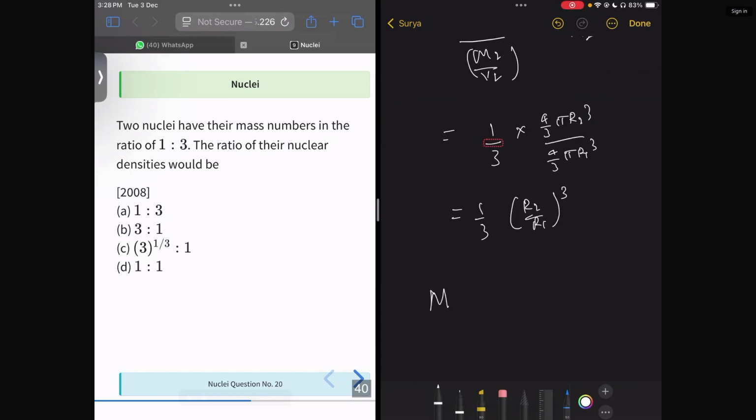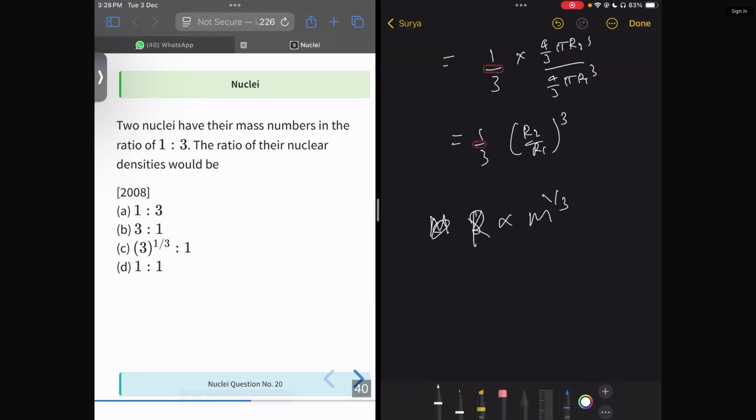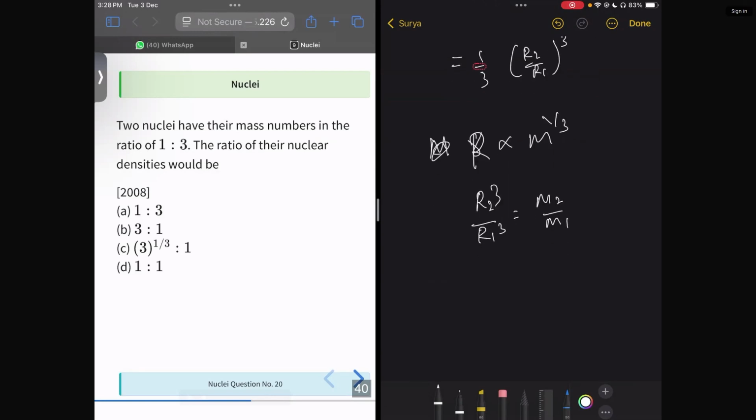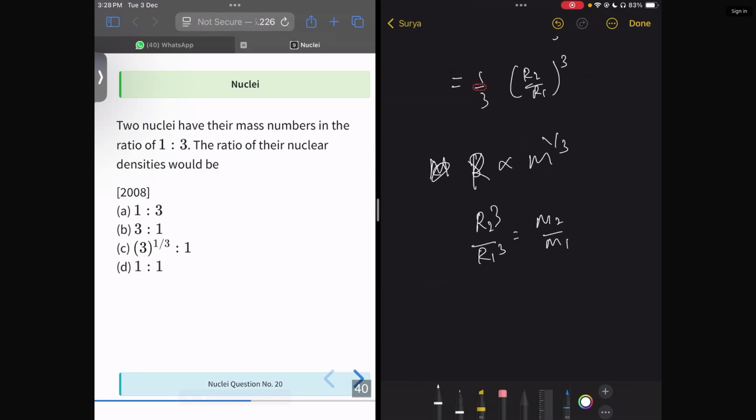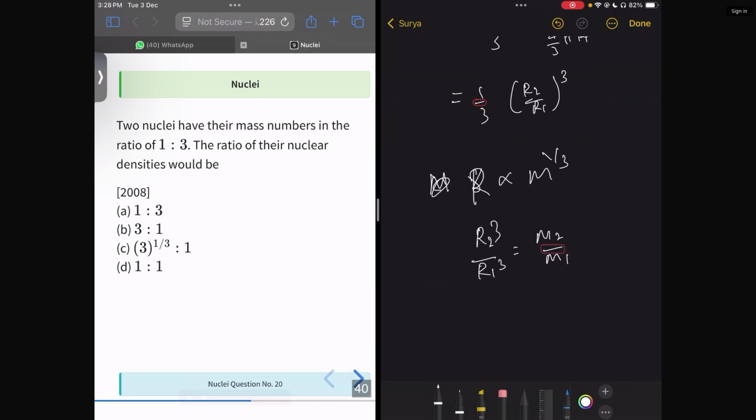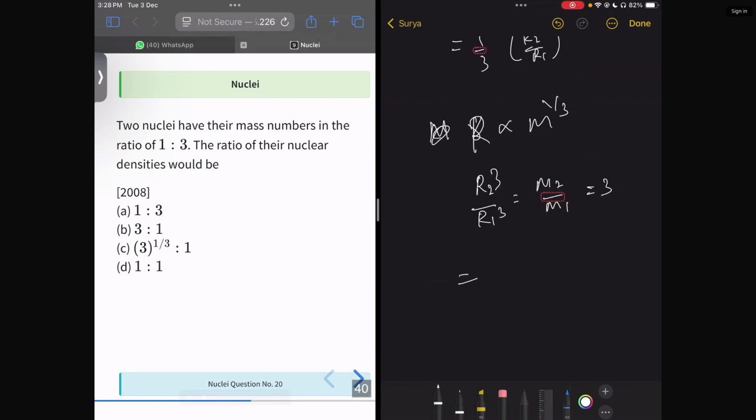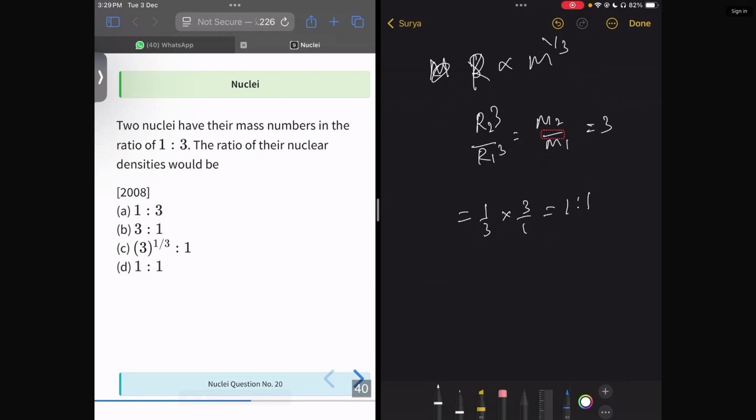Already we know capital R is proportional to mass number whole power 1/3. So R2 by R1 cube will be M2 by M1. M1 by M2 we already defined as 1/3, so M2 by M1 will be 3. So (R2 by R1) cube would be 3. So 1/3 into 3/1, it will be 1:1. So option D is the right answer.